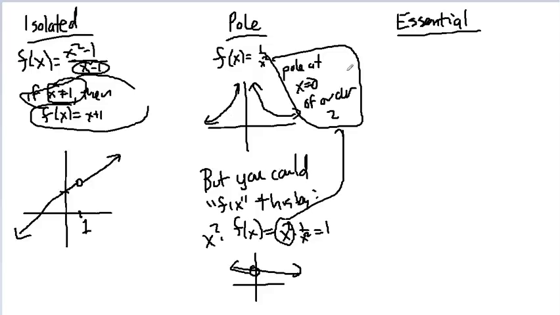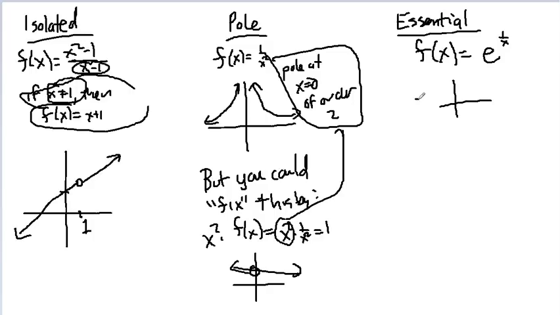Alright, so the last type, the essential singularity, is, for example, f of x equals e to the 1 over x. So this is going to have some weirdness here. The graph of this is pretty weird.